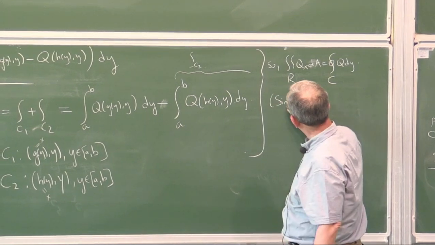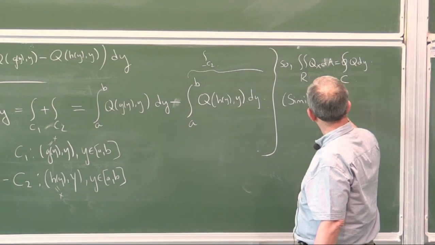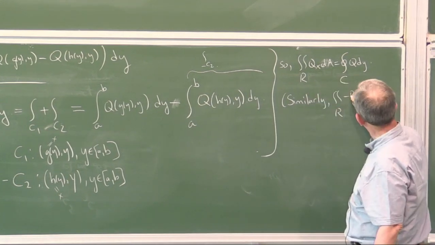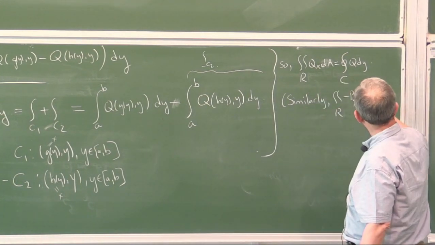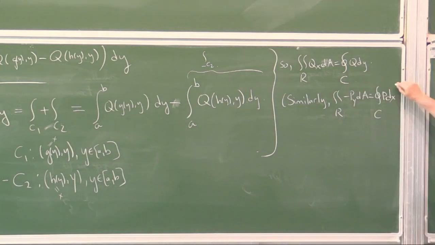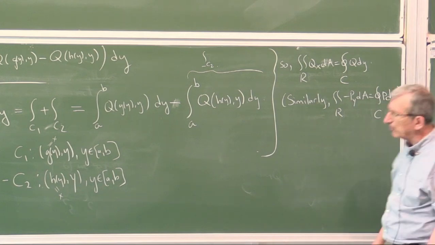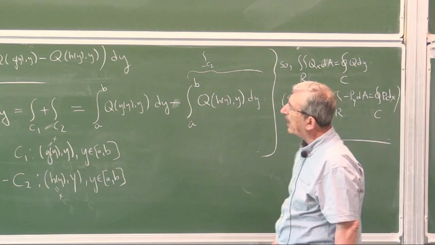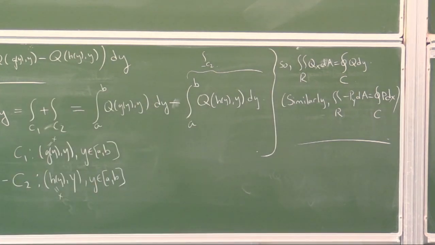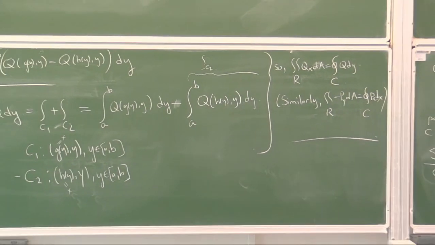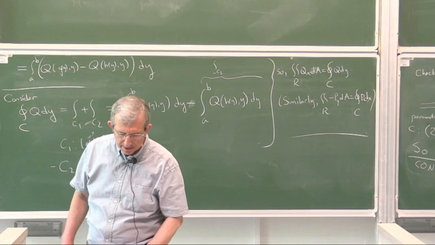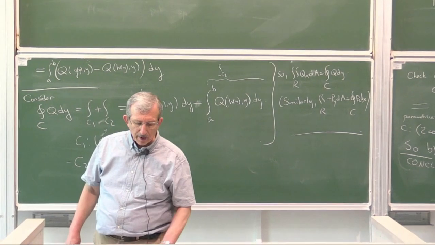I will not prove the other part, but similarly, the integral over R of minus p sub y dA happens to be the integral of p dx. So this finishes the proof in the case of a region R which is simple with respect to both x and y.